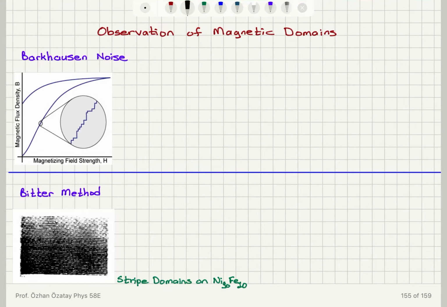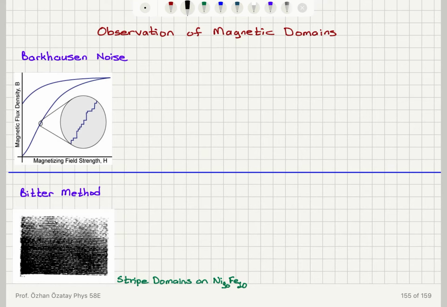Now we will talk about some methods for observation of magnetic domains. The first signature of the presence of magnetic domains appears in Barkhausen noise. When we plot magnetic flux density or magnetic induction B versus the magnetizing field strength or magnetic field H, if we zoom into the hysteresis loop, we find that there are discrete steps in the hysteresis loop.